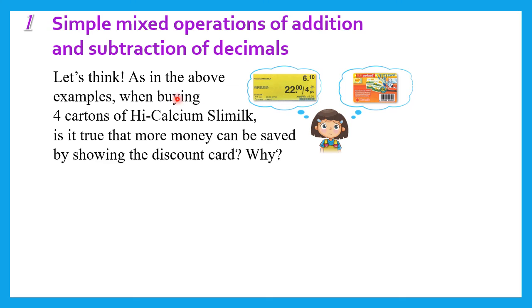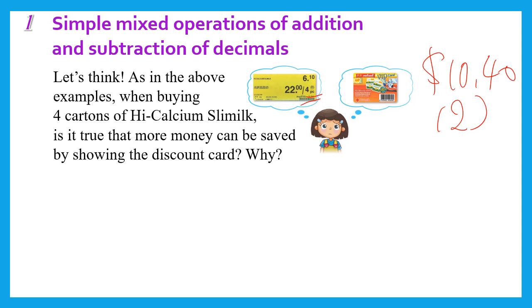Alright, let's think. If she buys 4 milk, she has to pay $22. But if she has the discount card, you see that in the discount cost there is $10.40 for 2. Okay, and then we need to buy 4. So how much do we need to pay for milk?